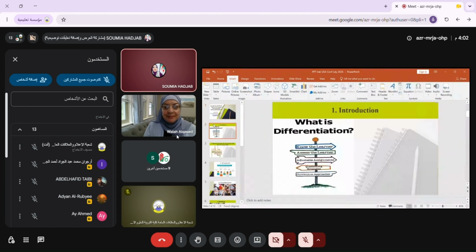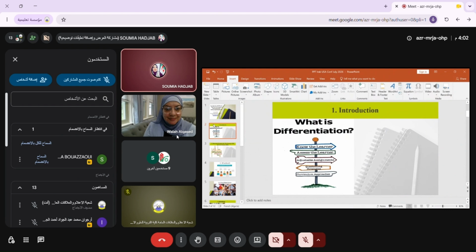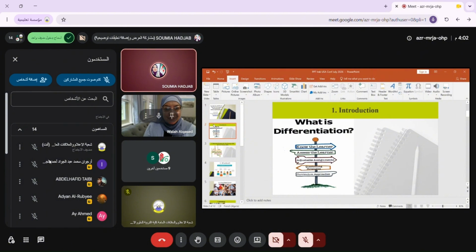So, by way of introduction, the 21st century educational landscape is characterized by unprecedented diversity in student populations and rapidly evolving societal demands.